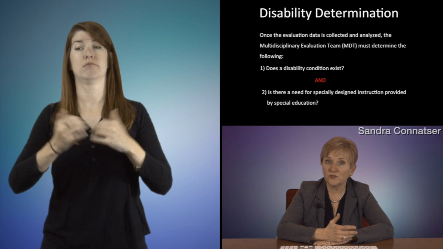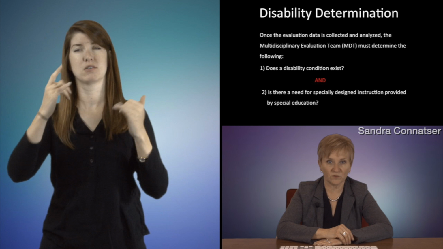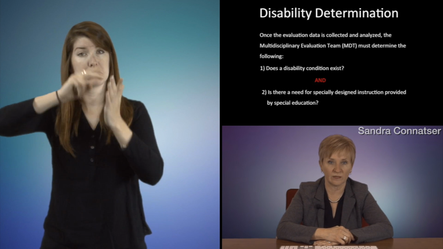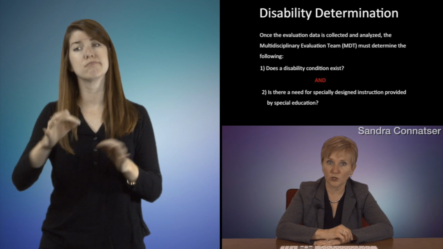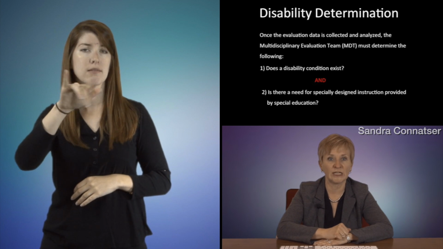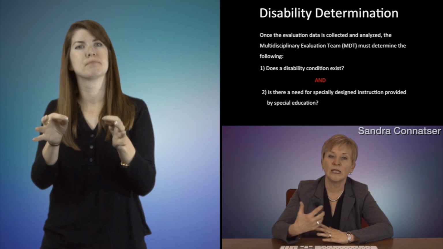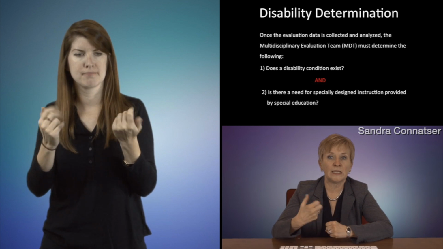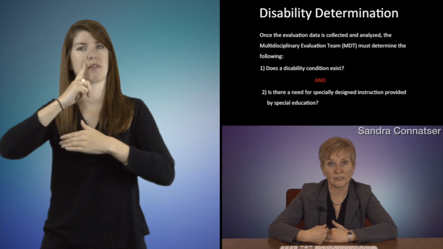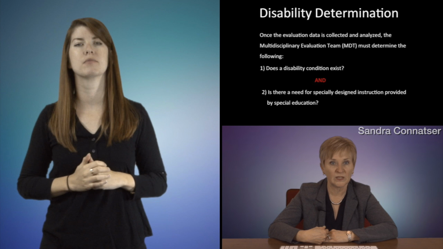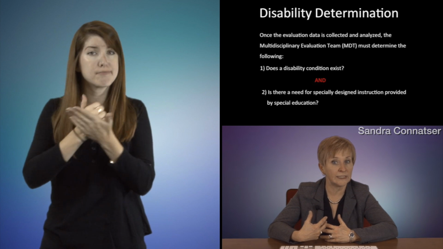And in conclusion, when looking at the information from the full and individual evaluation, the purpose of the evaluation is to determine eligibility for special education, but it is also used to determine the type of programming that needs to be put in place for your child in special education. This information is collected and analyzed.